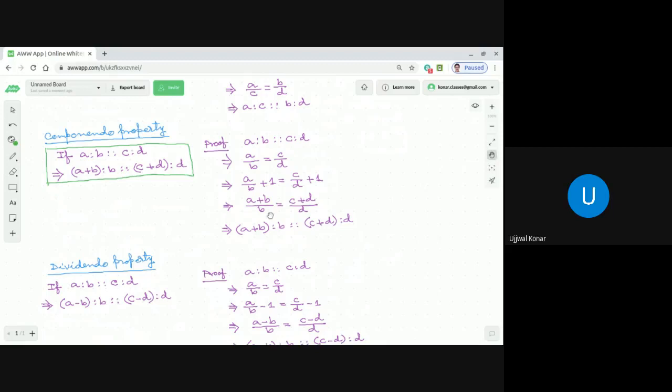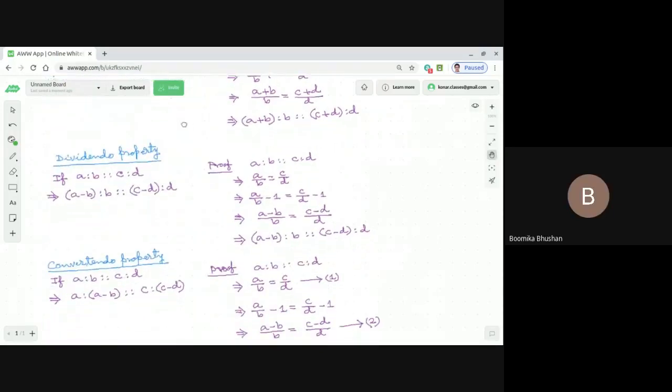The next property we learned is called the dividendo property. It says that if A is to B is equal to C is to D, then A minus B is to B is equal to C minus D is to D. So this is known as the dividendo property.